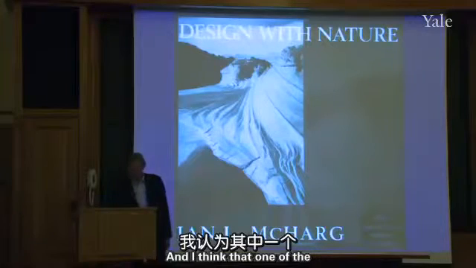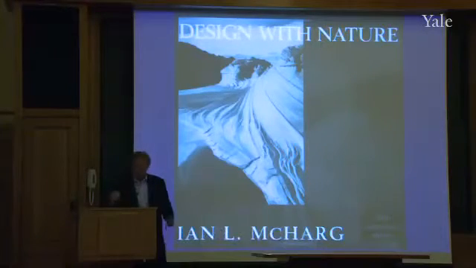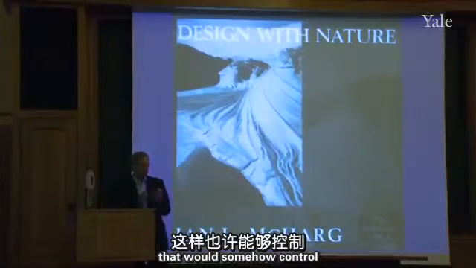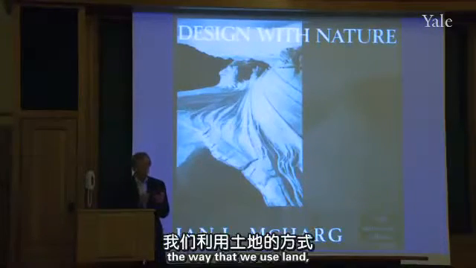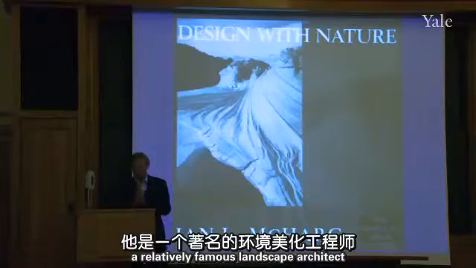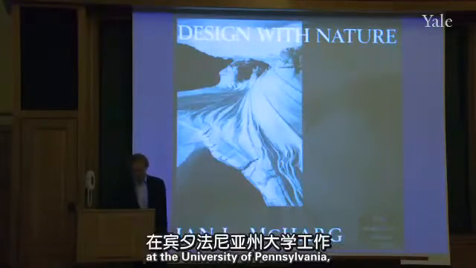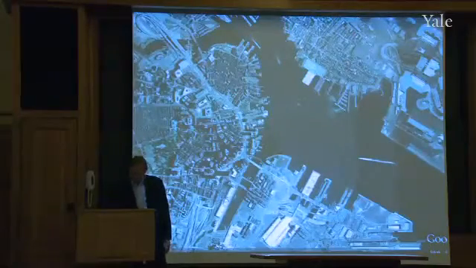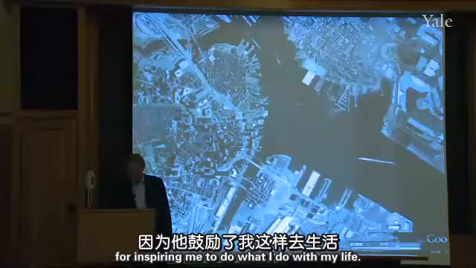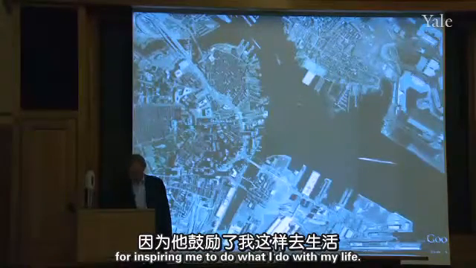And I think that one of the intellectual pioneers of this idea of tying the science of ecology with law that would somehow control the way that we use land was Ian McHarg, a relatively famous landscape architect at the University of Pennsylvania, and the individual that I really give credit to for inspiring me to do what I do with my life.